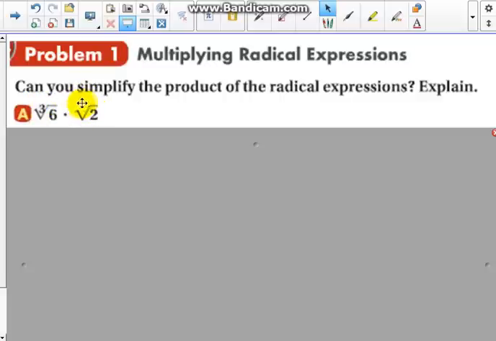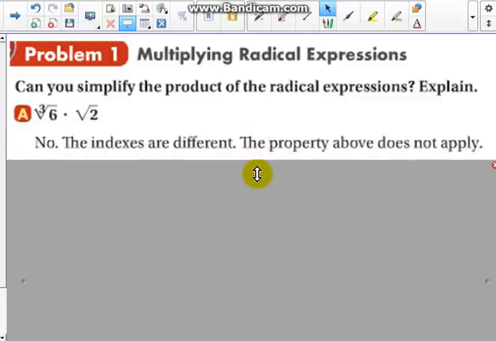If there's no index there, it's assumed to be 2. So 3 and 2, they're not the same index, so you cannot multiply those together. So the answer, no, the indexes are different. The property on the previous page does not apply because the indexes are different.